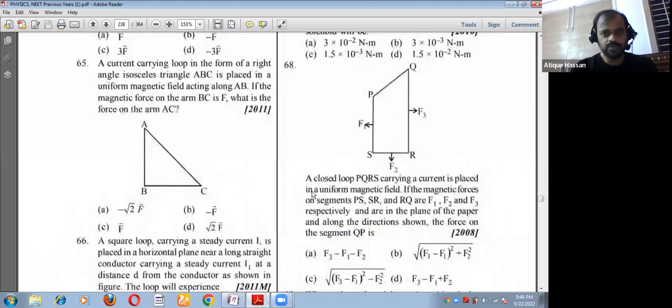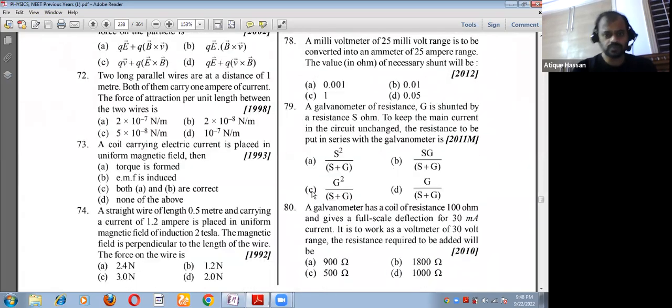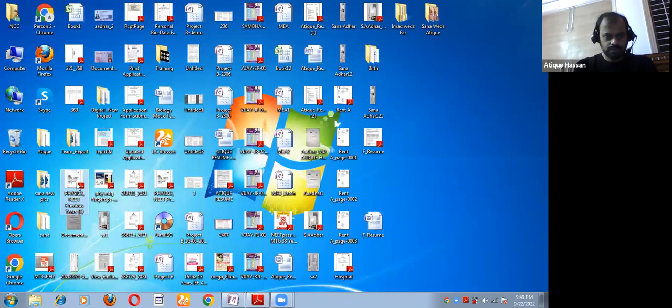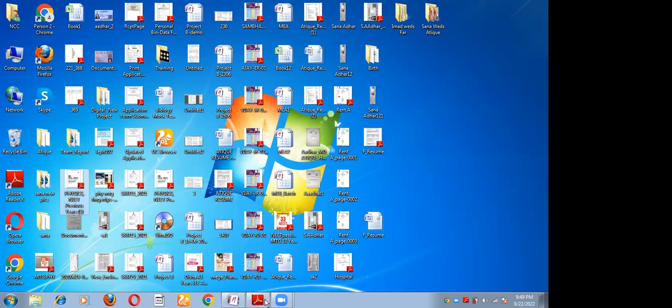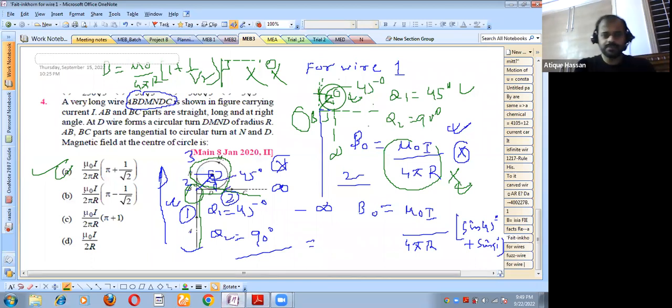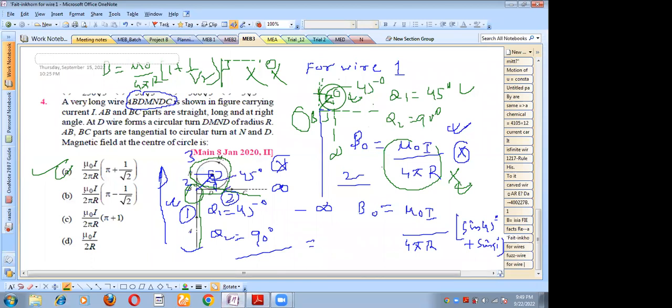Anyone having any doubt, please ask. In that case, both case 1 and case 2 terms will cancel out and only case 3 term will remain, right? No, both will be added, right? Since one is inwards and one is outwards, right?